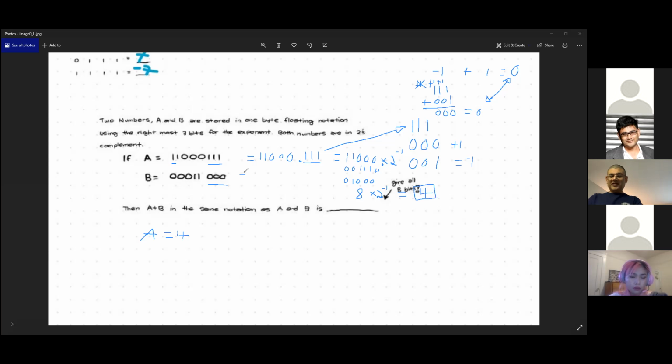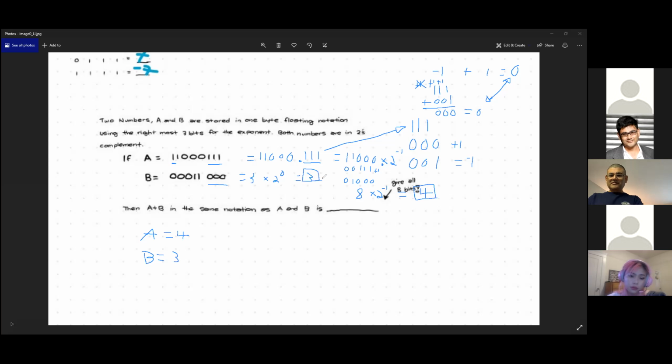So that's just going to be 00011, so 3 times 2 to the power of 0. So that's just going to be 3. So B is equal to 3.